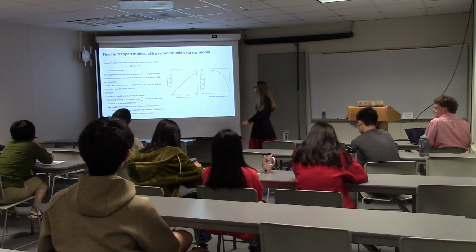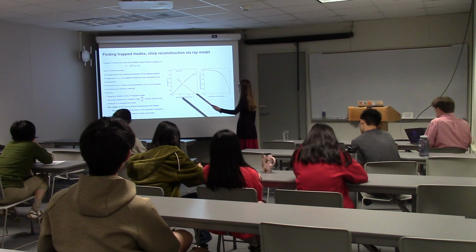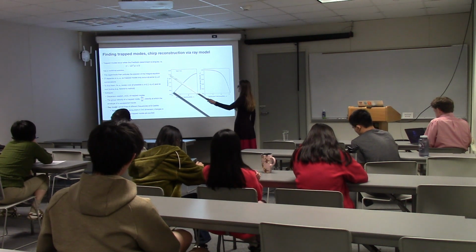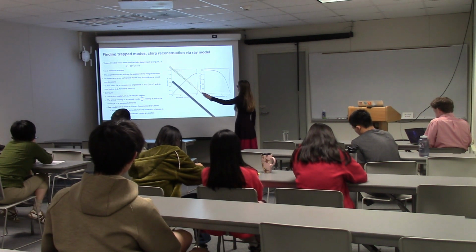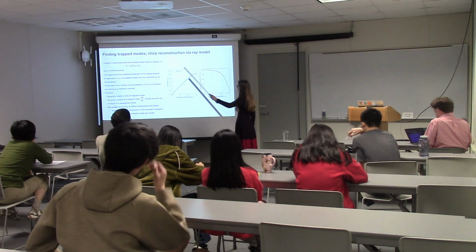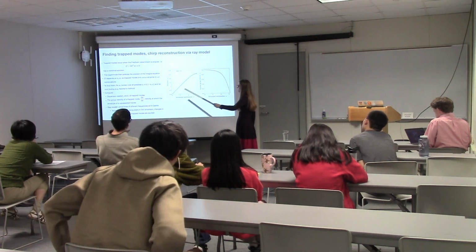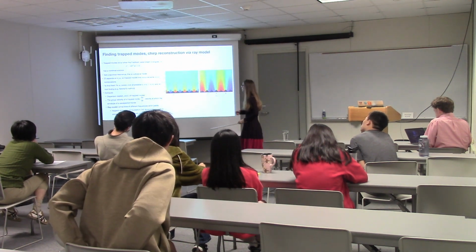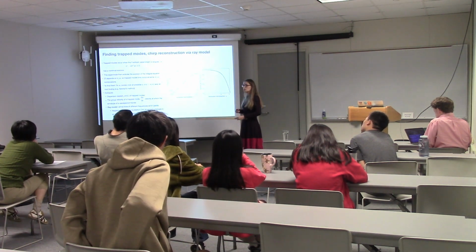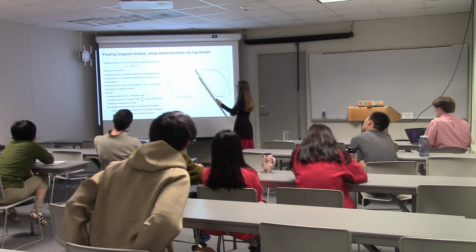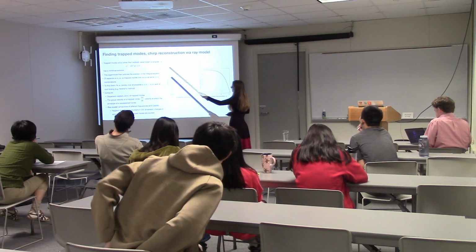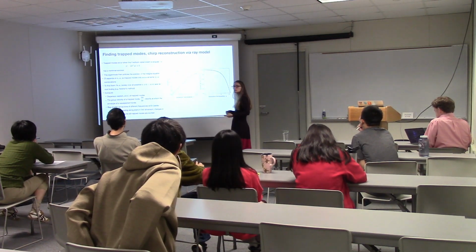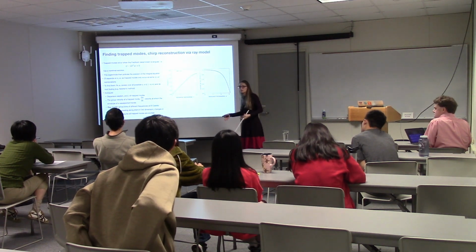So this is the location of the trap modes. What I'm plotting here is, for each incident frequency, what is the horizontal wave number? What is this length scale associated with a trap mode, if there is one? And what you see here is that above a certain frequency of the incident radiation, there are no trap modes.